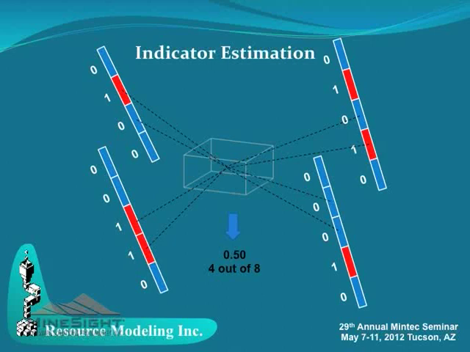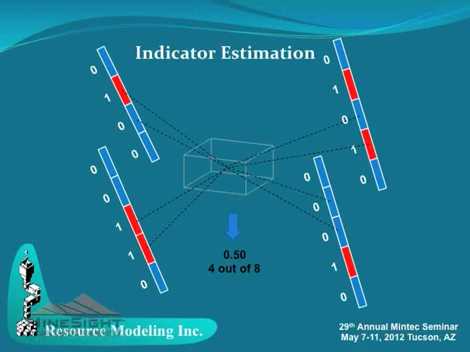And I've only allowed 2 drill hole composites per drill hole to be used to estimate the indicator for a block. So in this case, we've got 8 total composites being used from 4 drill holes to interpolate a probability into the block. And in this case, 4 out of the 8 are above that cutoff. So if they were equidistant from that block, the final estimated probability would be 0.5, or there's a 50% probability that this block is going to be above cutoff grade.